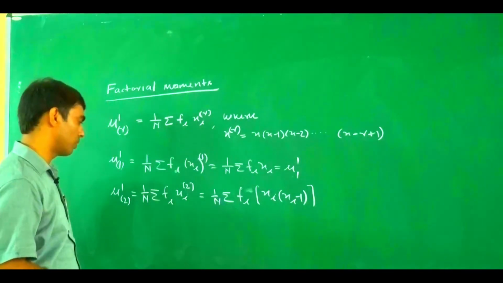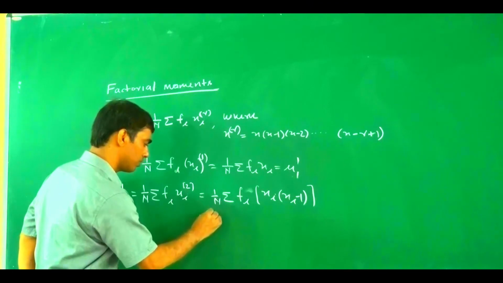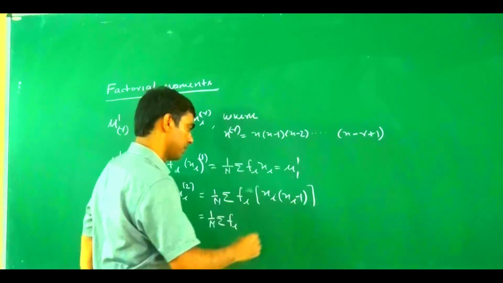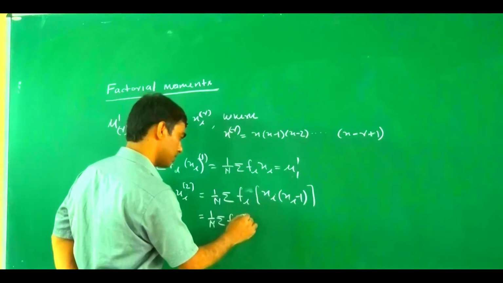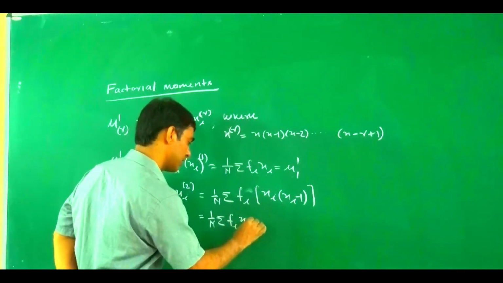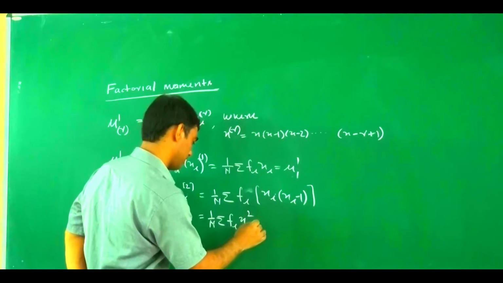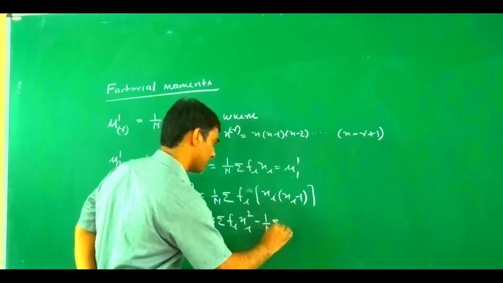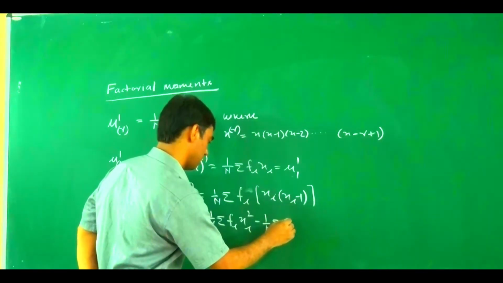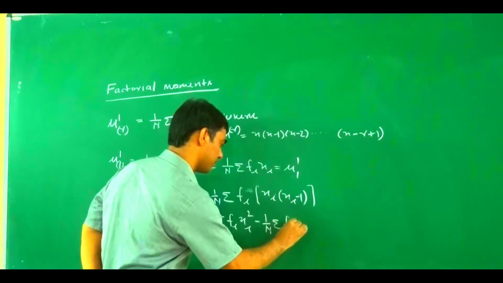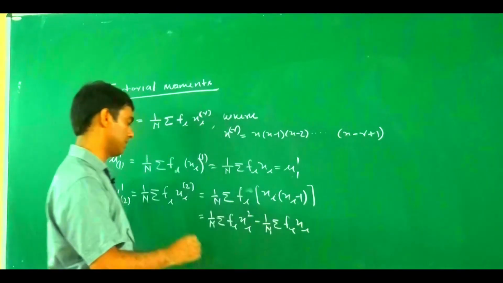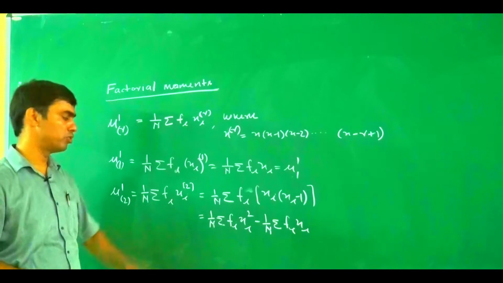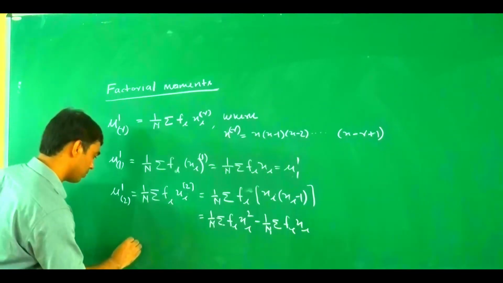If we simplify and multiply, this becomes 1 upon n summation of fi xi square minus 1 upon n summation of fi xi. If you closely observe, this one is mu 2 dash.